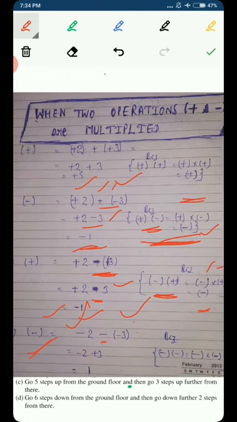And when two minuses are there, minus multiplied with minus becomes plus. So minus 2 subtracted with minus of 3 becomes minus 2 plus 3, because minus and minus equals plus.